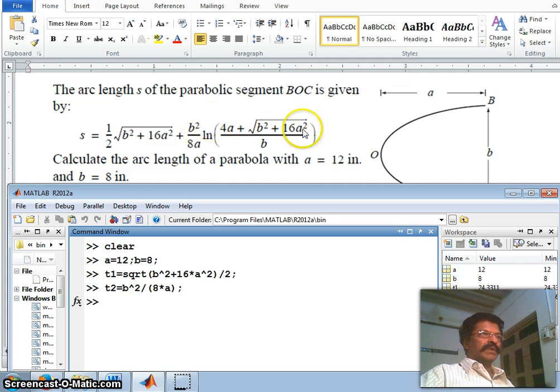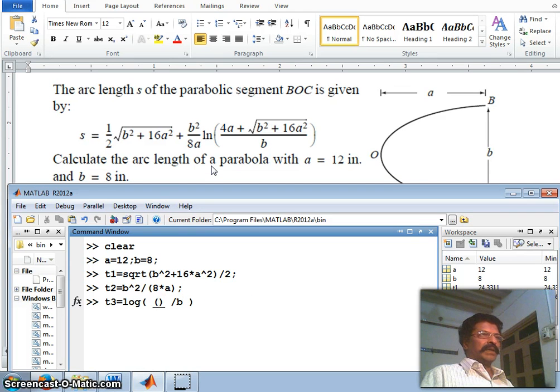I will take this one as term 3. Therefore T3 is equal to log of, this is the bracket for log, and inside the log it contains numerator by denominator. Therefore this is numerator divided by the denominator B. Alright, now what does the numerator contain?